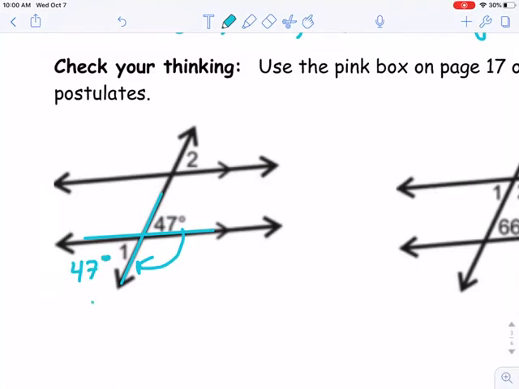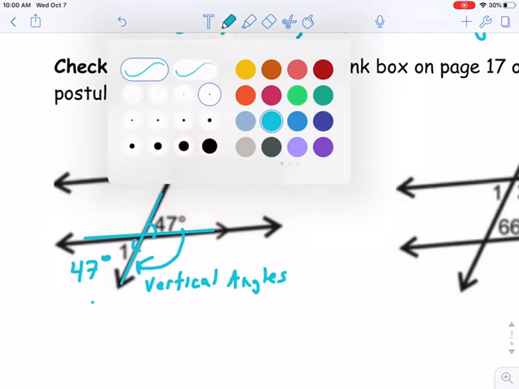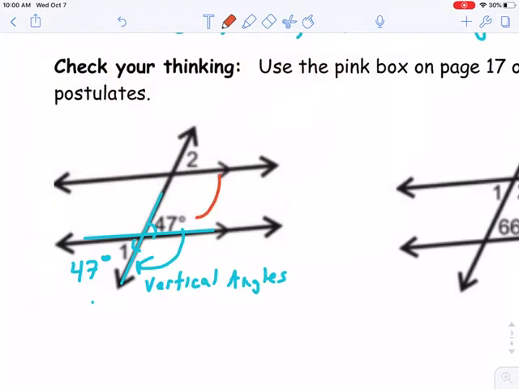that's 47 degrees. Why? Vertical angles. All right. Don't forget about vertical angles. Again, those are going to come up in this unit as well. Then from here, I can say, well, angle 2 is 47 degrees. Why? Corresponding angle postulate.